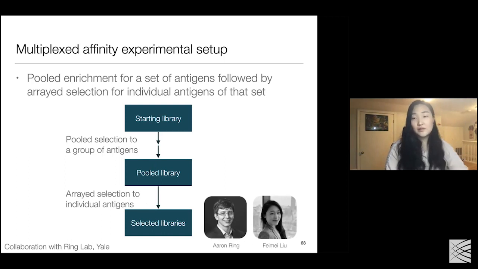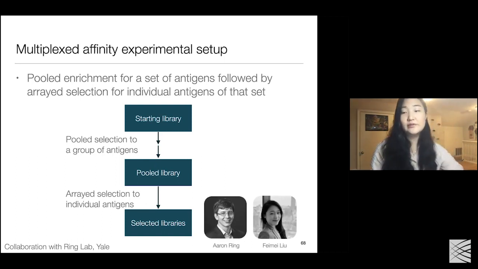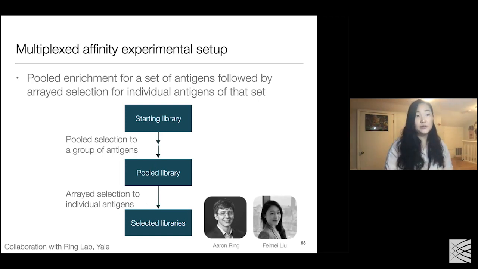And the great thing about this is now you can do multiple selections in parallel. So instead of just having to do one antigen at a time, you can do up to 96 potential antigens at a time, or however many, depending on what you choose to do.